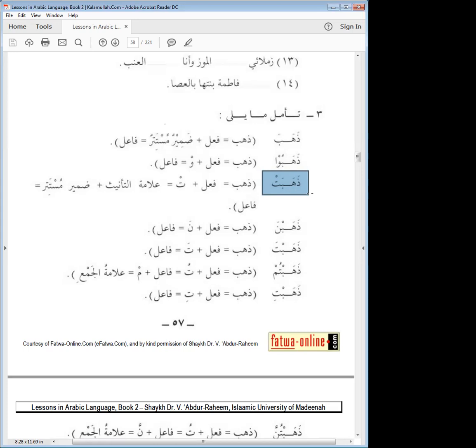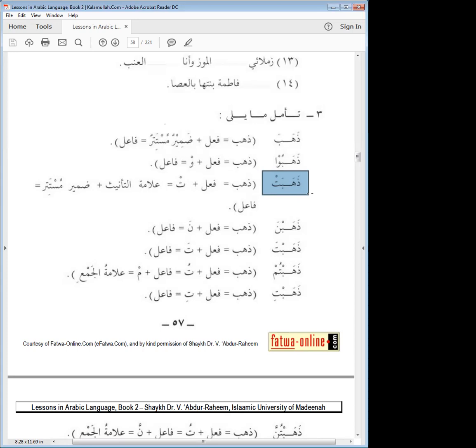All of the past tense verbs, the pronouns or the added on suffixes at the end would be considered the fa'il, or the doer of that particular verb, except for the masculine singular third person and feminine singular third person.